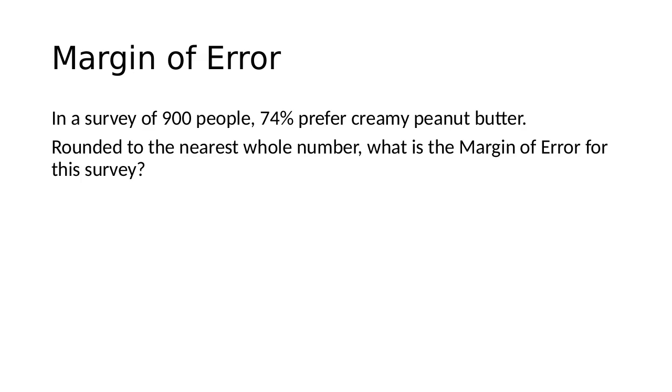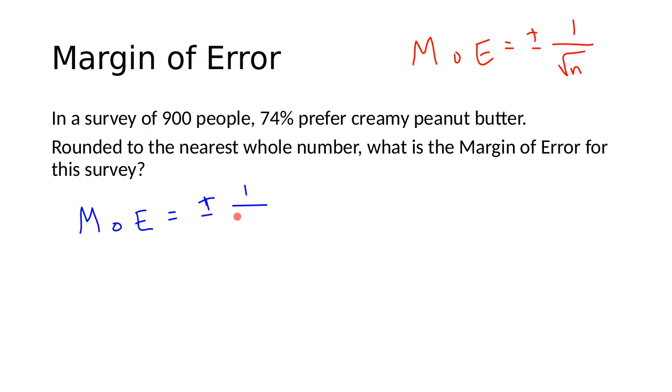In a survey of 900 people, 74% prefer creamy peanut butter. Rounded to the nearest whole number, what is the margin of error for this survey? Keeping in mind that margin of error is found by doing plus or minus 1 over the square root of n, where n is the number of people in the survey, our margin of error for this particular survey will be plus or minus 1 over the square root of 900.